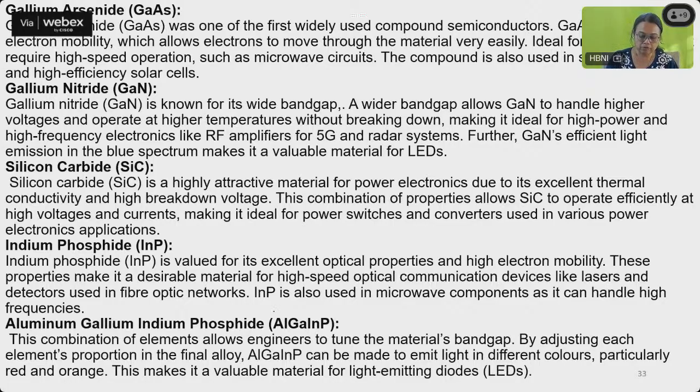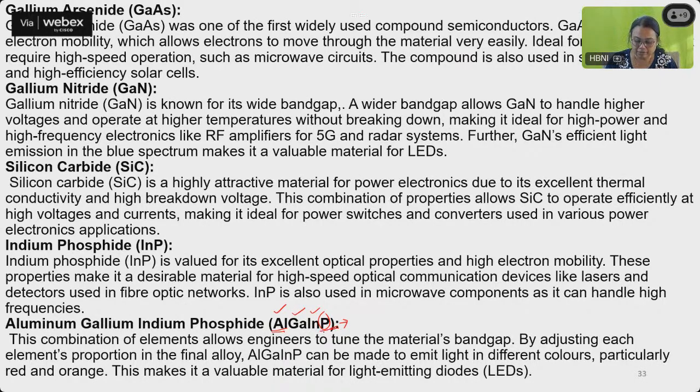Also the amount of each, the stoichiometry, 1:1:1 of all of these, or if we are increasing P slightly more than all the other elements, it becomes a P-type semiconductor. If we are increasing the concentration of aluminum in it, it becomes an N-type, sorry, I'm saying it the opposite.